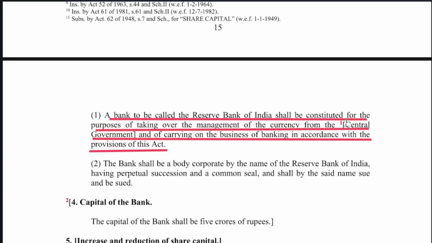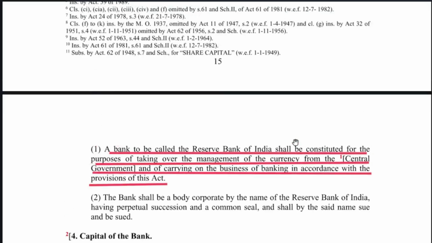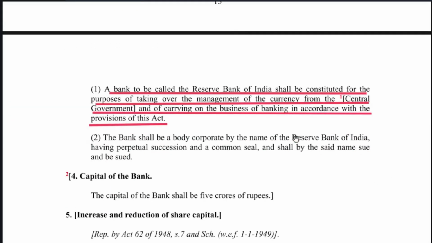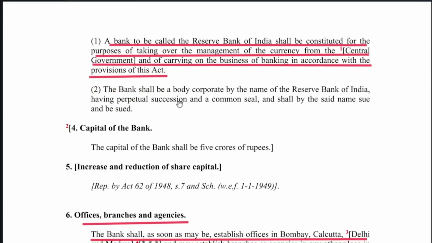So the central government was doing the job of currency management previously, but once the Reserve Bank of India was constituted, the currency management function was taken over by the RBI under Section 3, subsection 1.